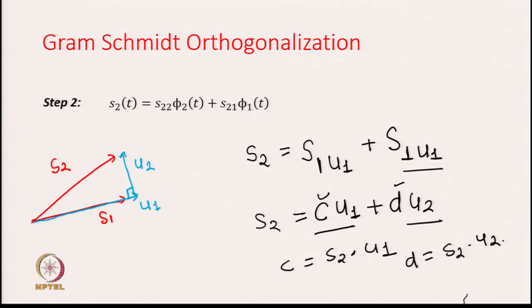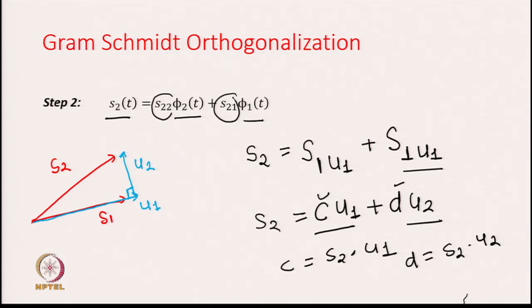These vector operations are trivial and easy, and we are using the same ideas, but for the case of signals. I am saying that a signal can be decomposed in terms of two orthonormal functions, and S22 and S21 give me the projection of S2(t) along those orthonormal functions.